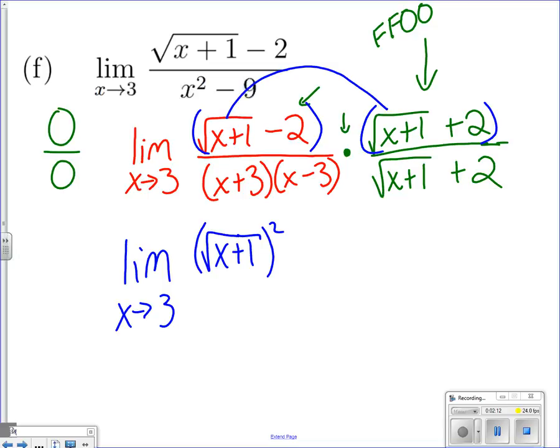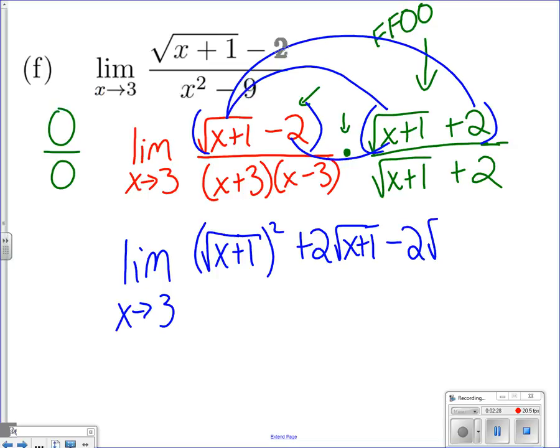And then when you multiply this square root of x plus 1 times the plus 2, you end up with plus 2 square root of x plus 1. You multiply the two inner. So right now I'm just doing that FOIL that we've seen in the past. And then finally the last, negative 2 times positive 2 gives us negative 4.